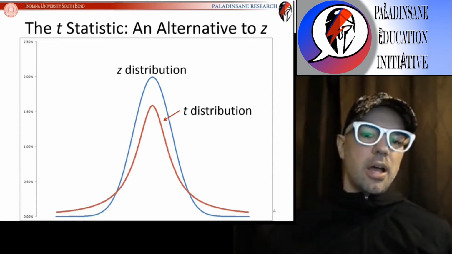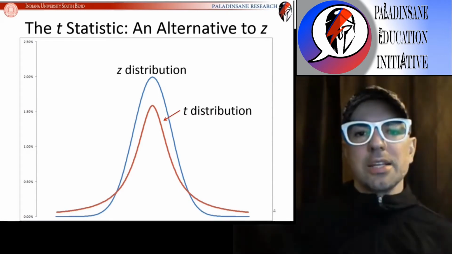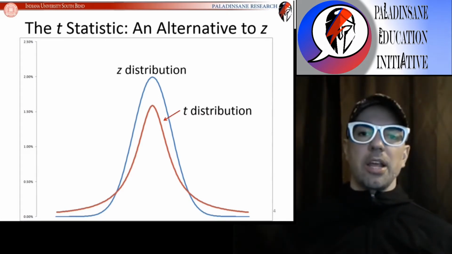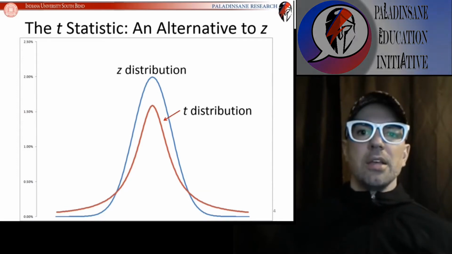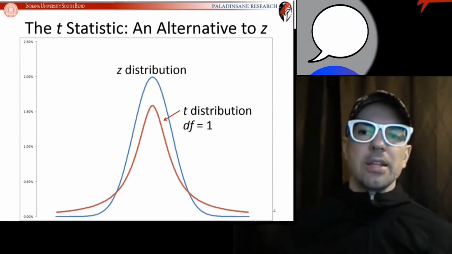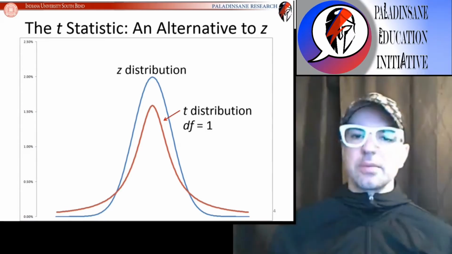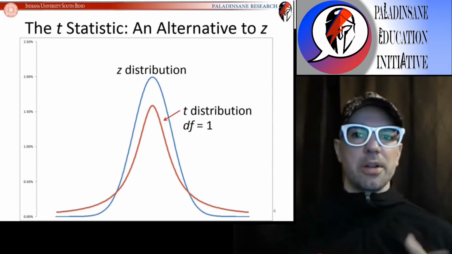The other difference is that a t-distribution changes depending upon the size of the sample. A t-distribution with 1 degree of freedom, which comes from a sample size of 2, looks like this. It's thicker in the tails and a little bit narrower in the body.